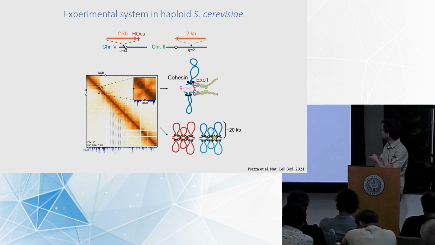And at the break, you see this tethering, this fountain that connects the left and right ends of the break, and that we showed, and I'm just going to summarize here with a model, depends on the 911 clamp and on short-range and long-range resection factors.